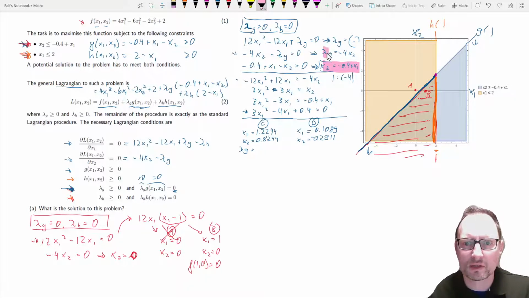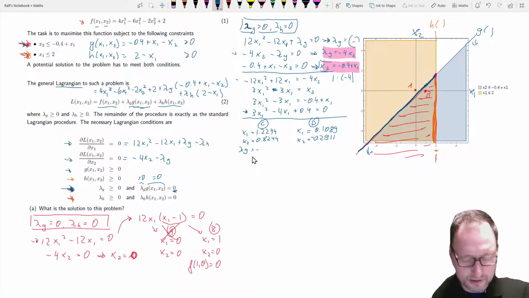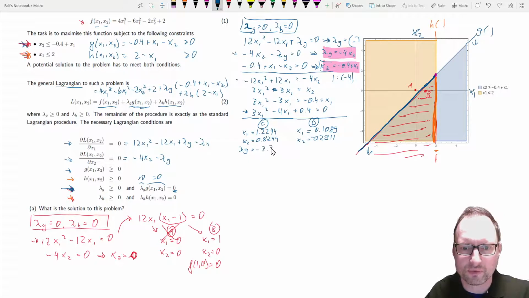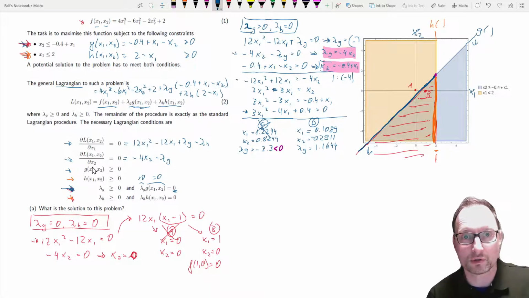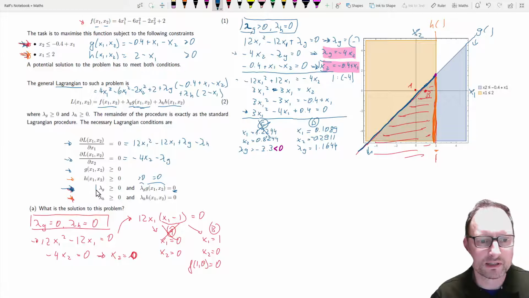So once we know x2, we know what lambda g is, and I calculate what it is, negative 3.3, and here the lambda g is equal to 1.1644. So here you can see we have a negative value that is smaller than 0. That means that this point does not meet our Lagrangian conditions, because what we need is that lambda g is larger or equal to 0.